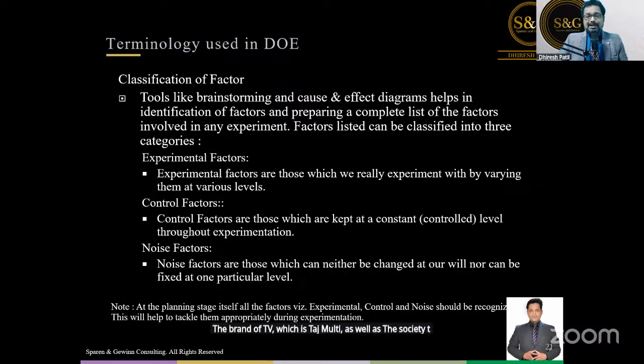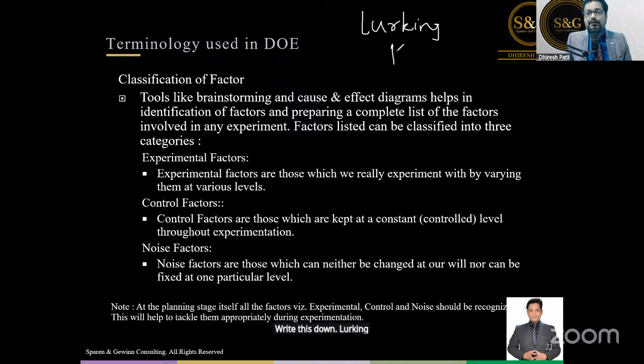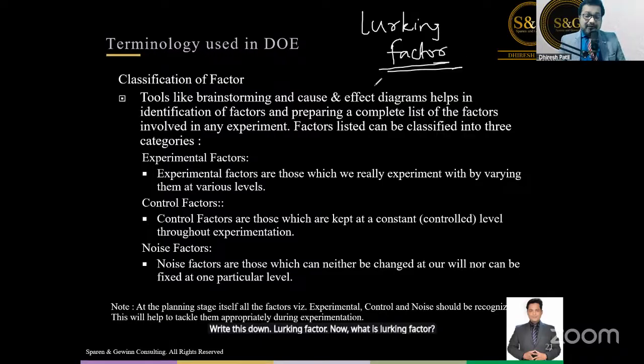Correct? Very good. So now let me give you another factor type that is called a lurking factor. What is that? Write this down. Lurking factor is called an unknown noise factor.